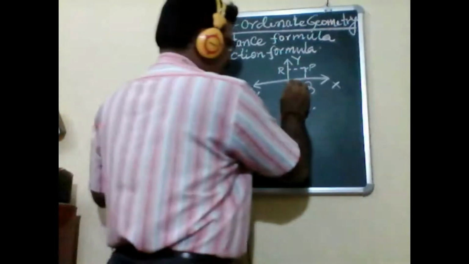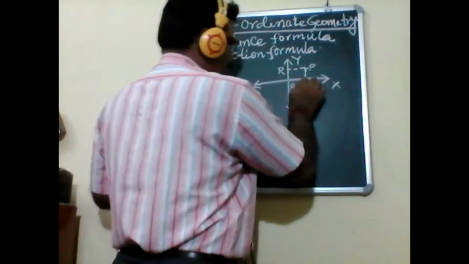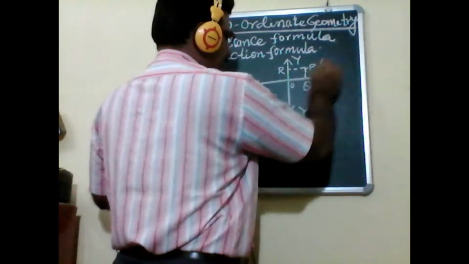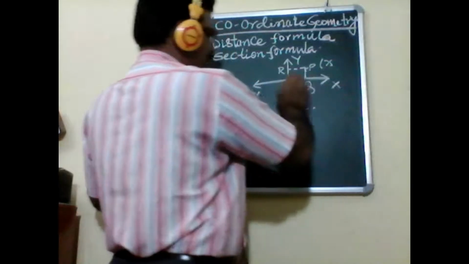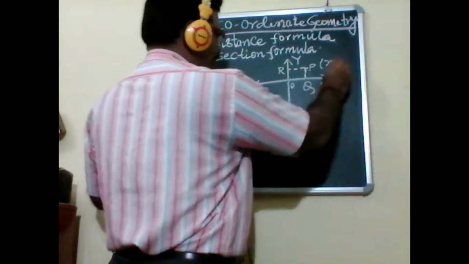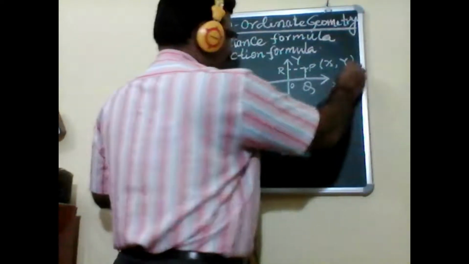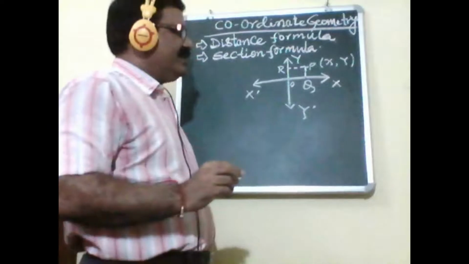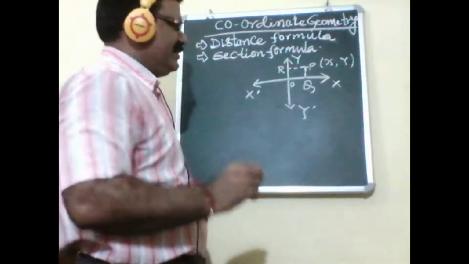So the distance OQ is the x coordinate. Suppose it is x, and this distance OR, suppose it is y. So point P has the coordinates x and y.